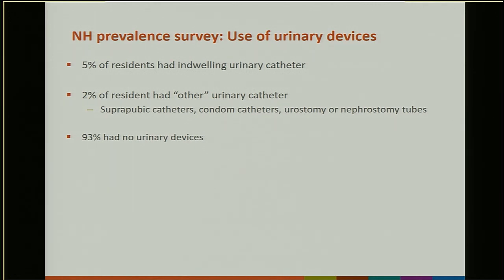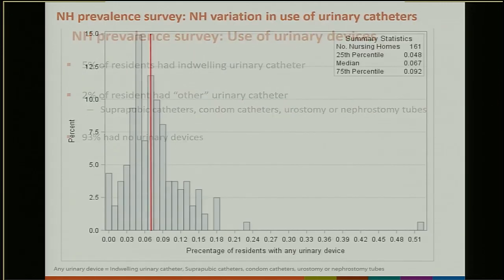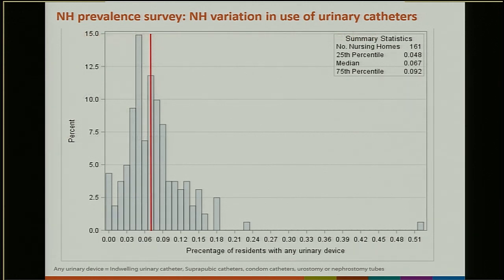And then in terms of thinking about the risk of presence of devices and what your urinary tract infection incidence rate or prevalence rate might be, I think it's helpful to understand that not all nursing homes look the same in terms of what type of residents they have or what types of devices they might be using.